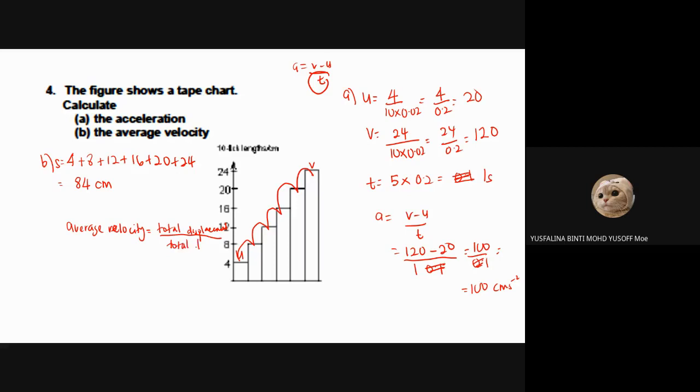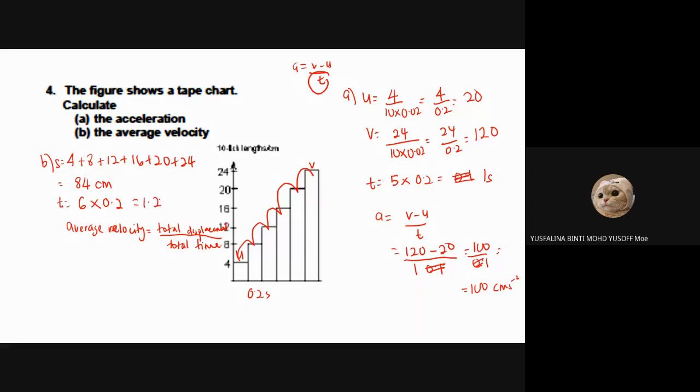So for the total time, you have to know each strip is 0.2 seconds. How many strips are there? 1, 2, 3, 4, 5, 6. So the time here is 6 times 0.2, so you will get 1.2.